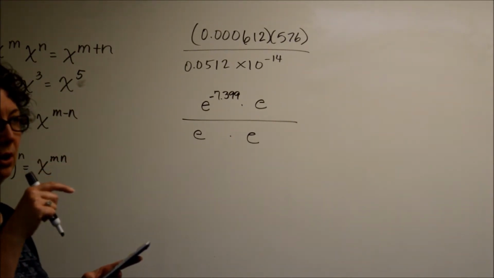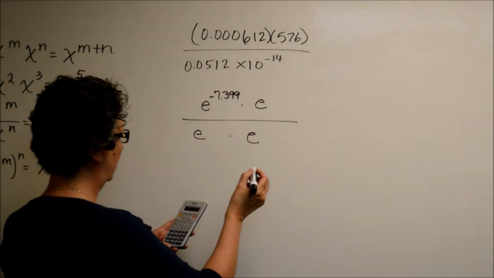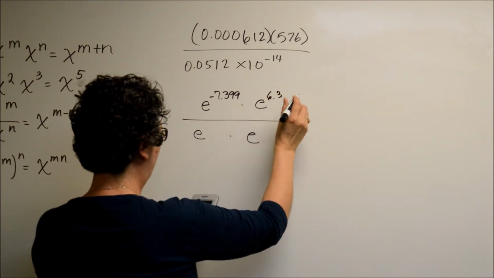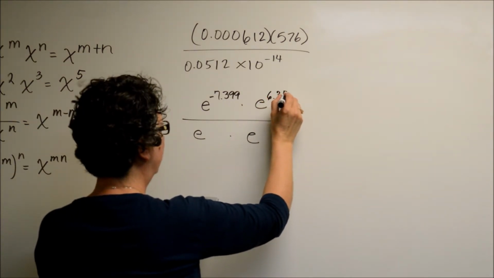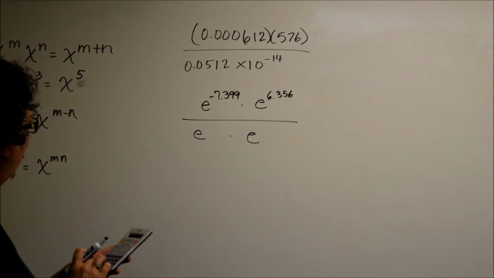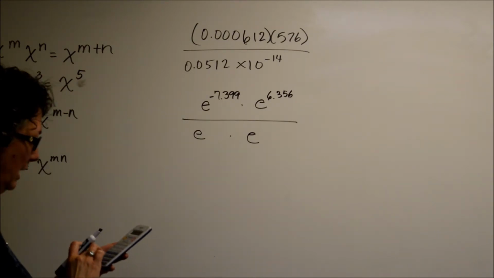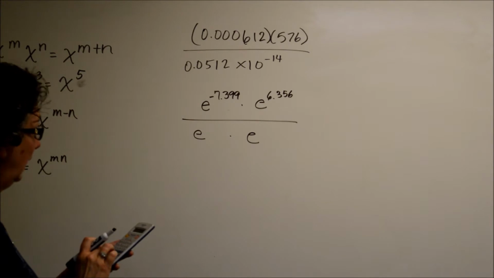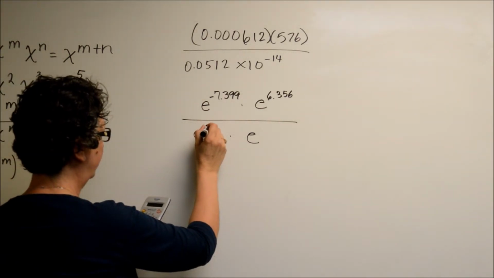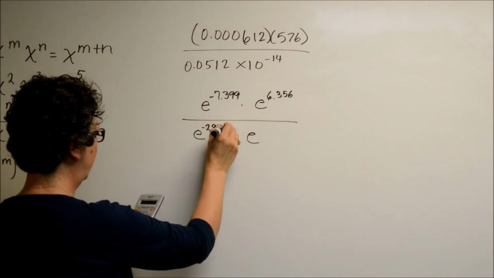Some of you will hit the natural log button and put the number in. Depends on your calculator. But I get 6.356. I'm going to take on the bottom 0.0512. Again, I'm just rewriting each value as a power of e. And I get negative 2.972.